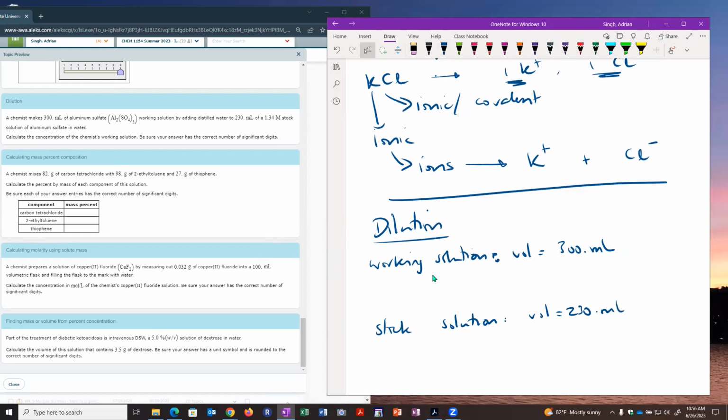And we're also given the concentration of that was 1.34 molar, right? Then the molar is a unit of concentration. So our stock solution here, we have volume and concentration. Our working solution, we have volume. We need to know what the concentration is.